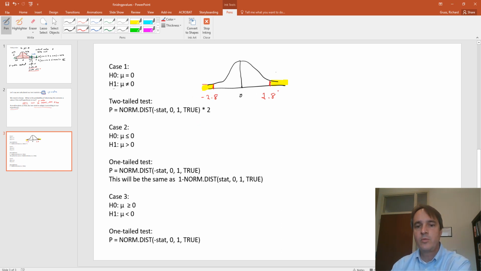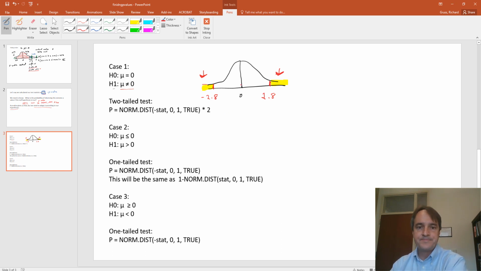Notice that we calculated a test statistic that was positive, but we are interested in the probability of a value that extreme. It can be 2.8 out here or 2.8 out here if we're only interested in the not equal alternative. So we need to have the total area here and the total area here, and we need to add those up.